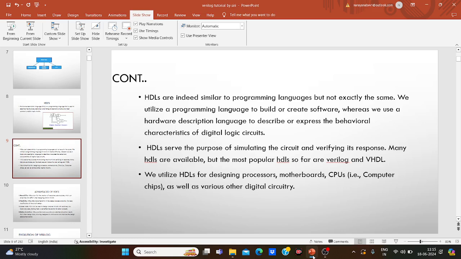That is why we call Verilog and System Verilog HDLs, not programming languages. HDL is nothing but writing the code for the hardware.